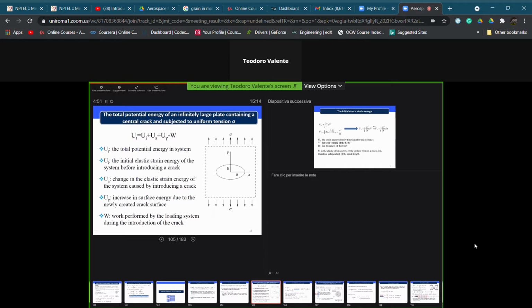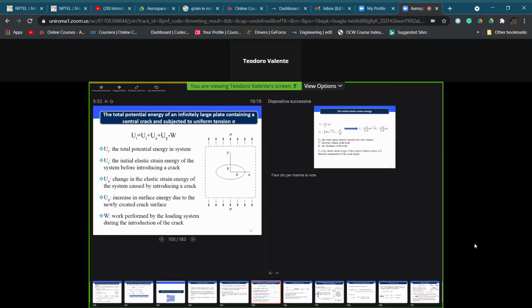The first is UT, which is the total potential energy of this system. The second one is UI, which is the initial elastic strain energy of the system before introducing a crack, that is, without any crack. The third term, UA, is the change in the elastic strain energy of this system, which is caused by the introduction of a crack.